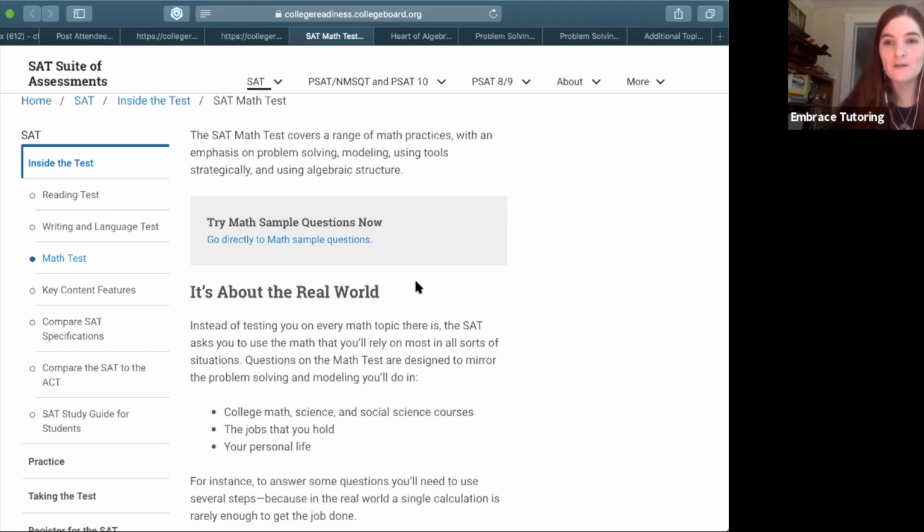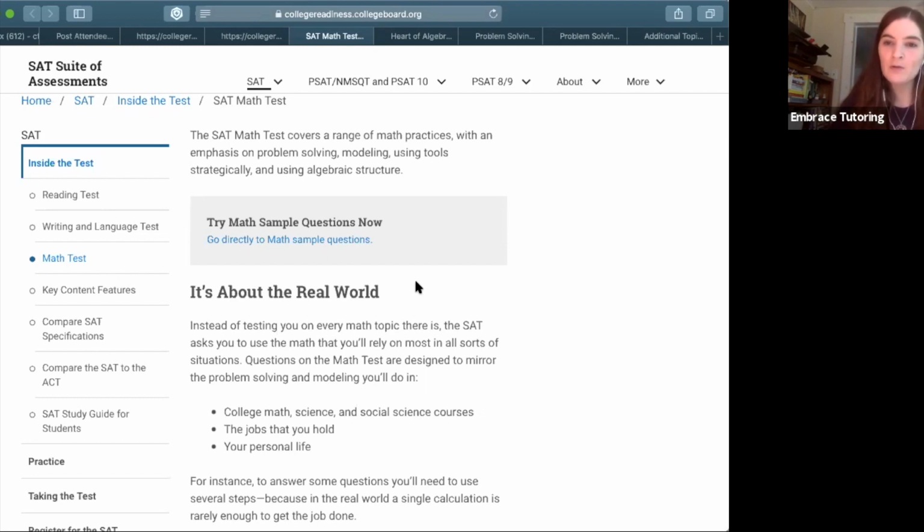Or if you're not comfortable with math, don't fret. You can still use strategies like process of elimination to help you make informed decisions. You can use estimation, and plugging in numbers for variables, to help you solve a question.